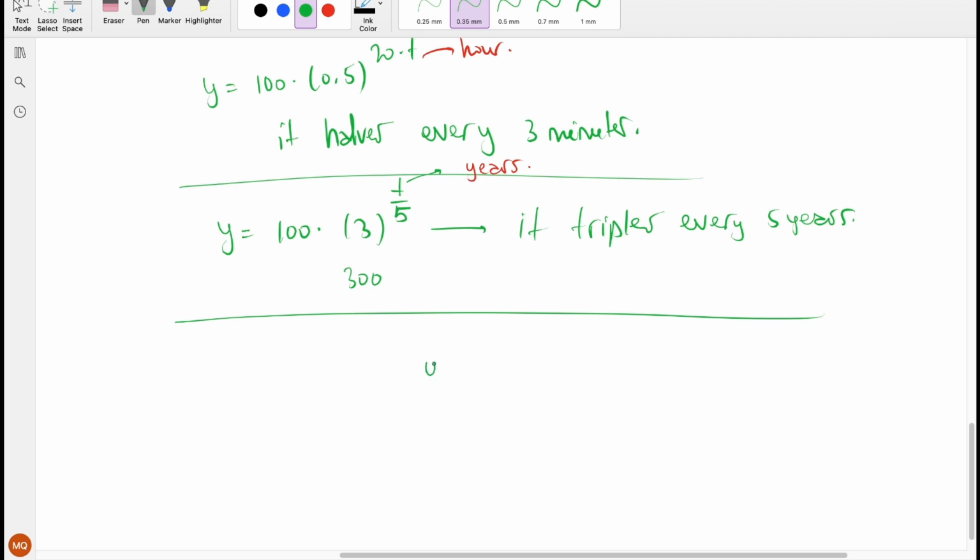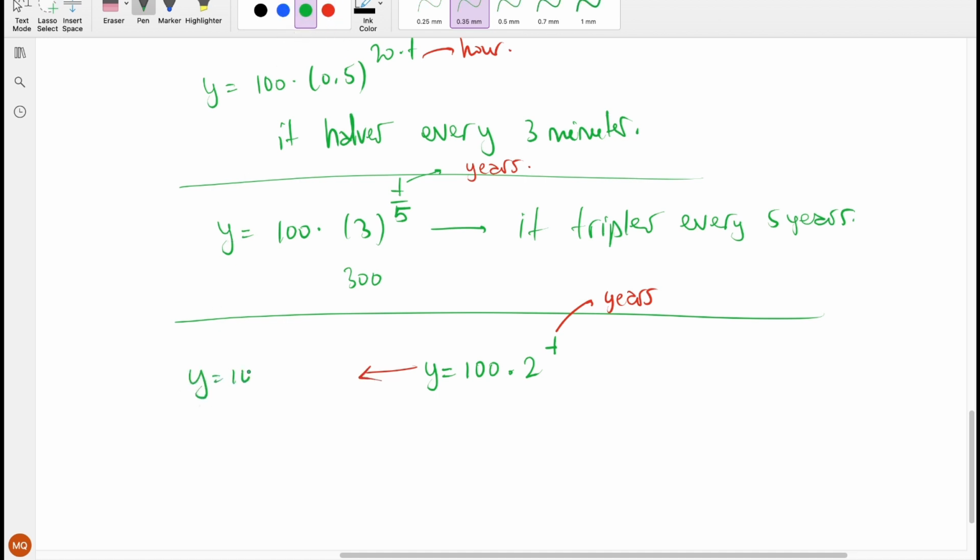Okay, now let's look at converting. Like y is equal to 100 times 2 to the power of t, where t is years. Now I have m, which means the number of months. I have to convert it to the number of months. Let's look at how to write it.